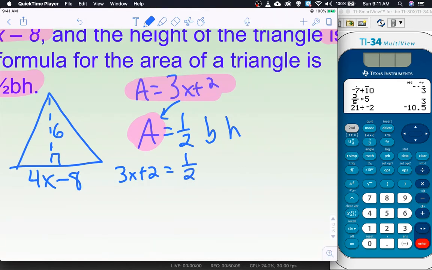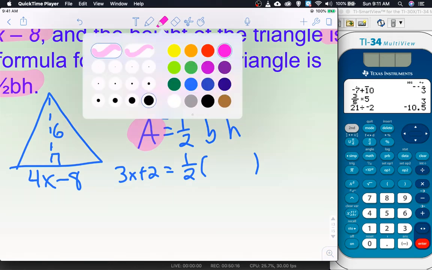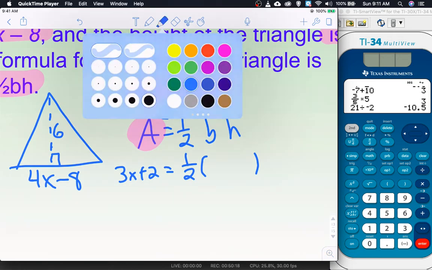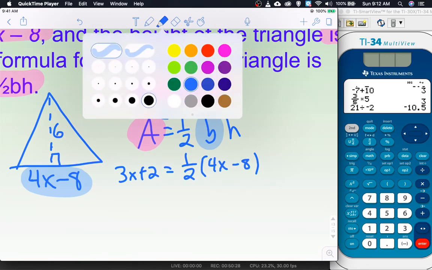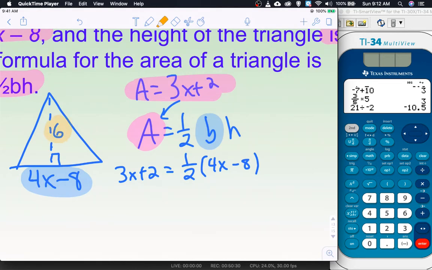1/2 base. I'm going to plug in the base. Let me change color here. I'm going to plug in the base for the base, 4x minus 8. I'm going to plug in the height for the height.